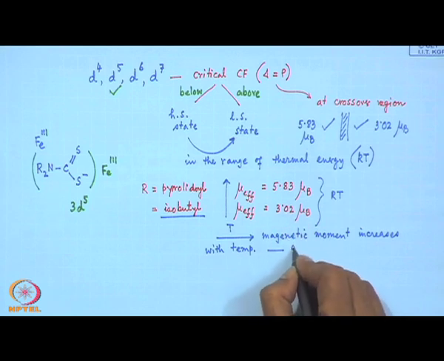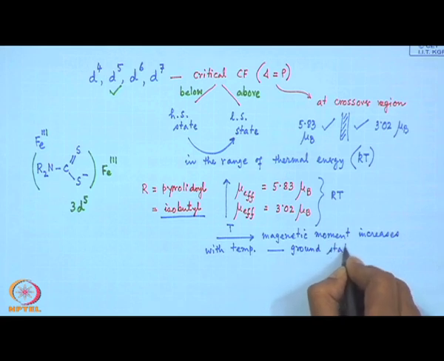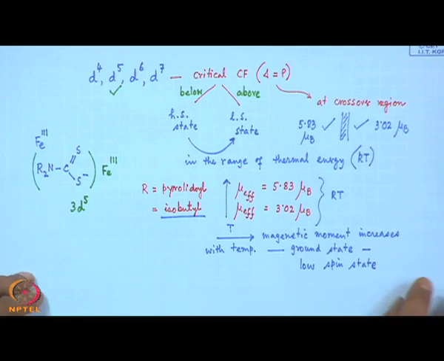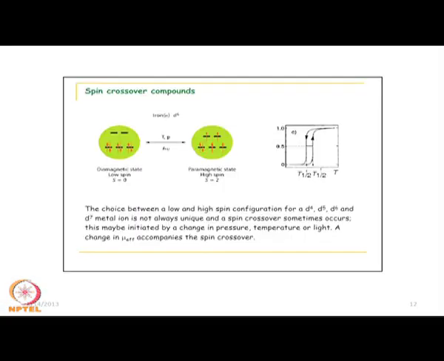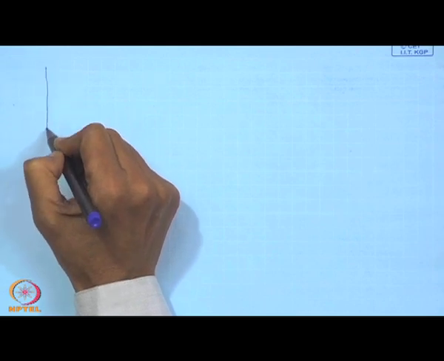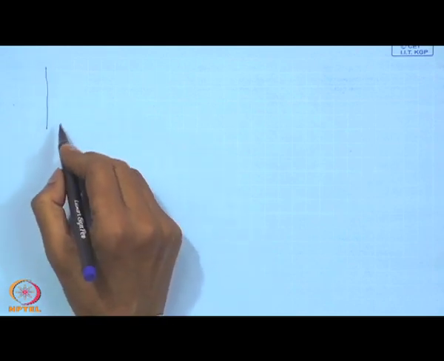So, the ground state would be the low spin state. For this molecule, if we simply plot the corresponding energy values E of the spin state.